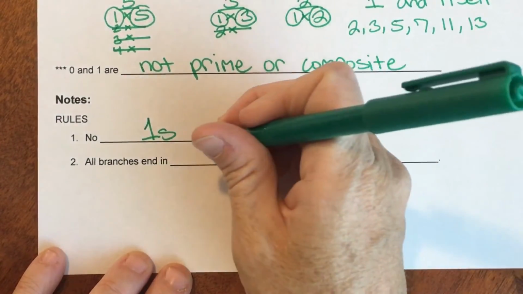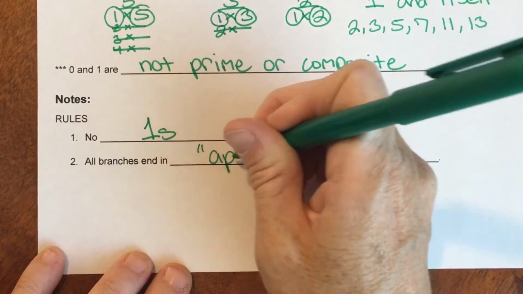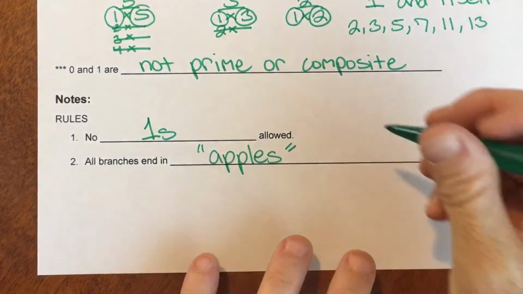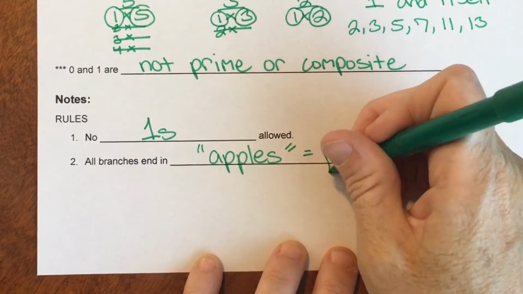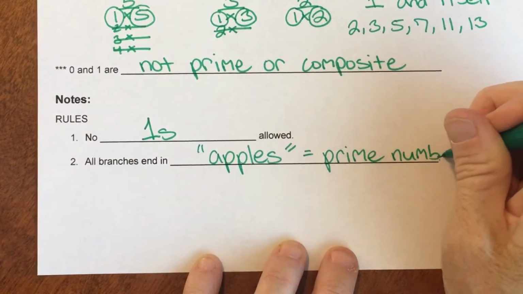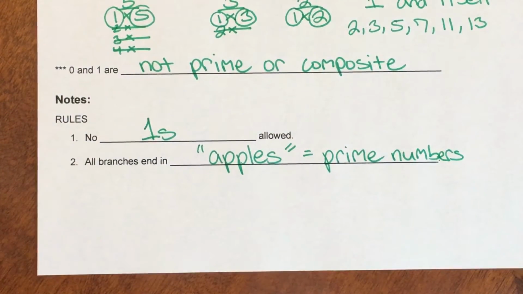And then all branches are going to end with something I'm going to call apples, which are really going to be your prime numbers. So these are the two rules that you're going to be following when you make your factor trees. No ones allowed and all branches must end in apples.